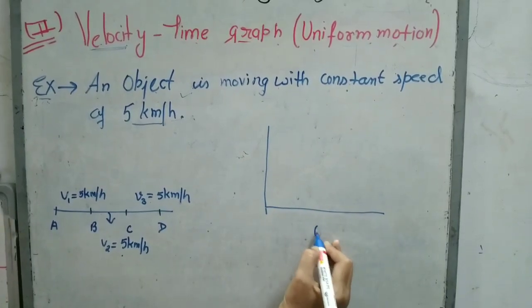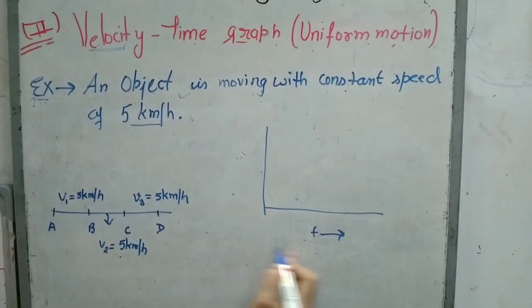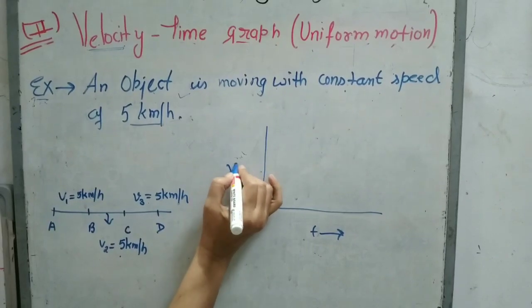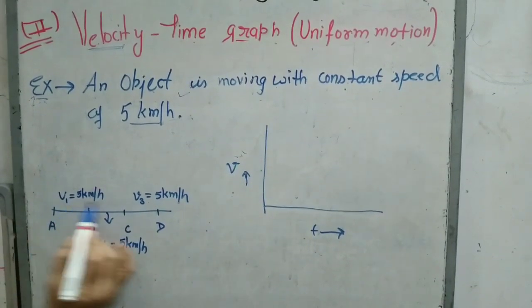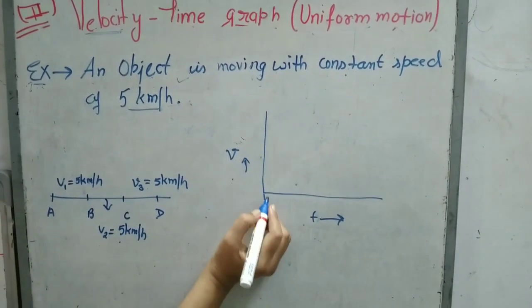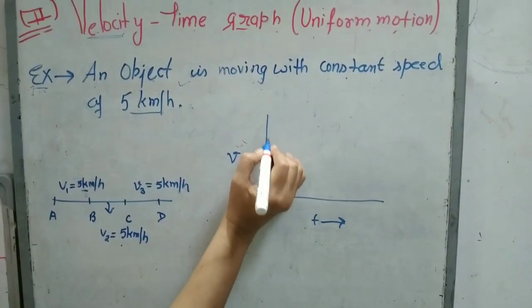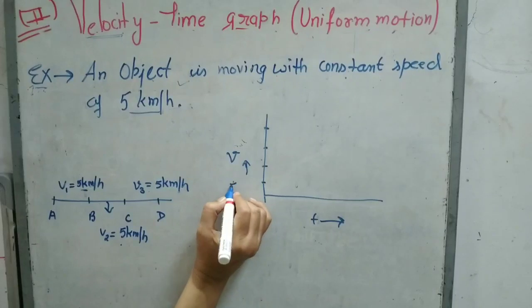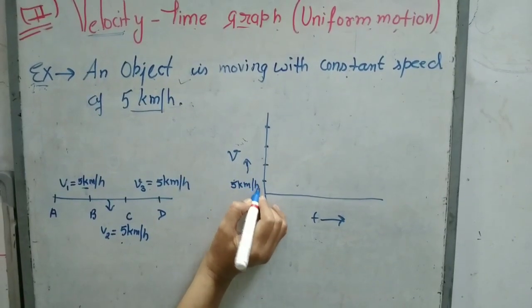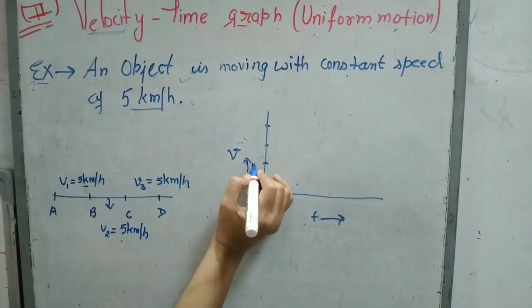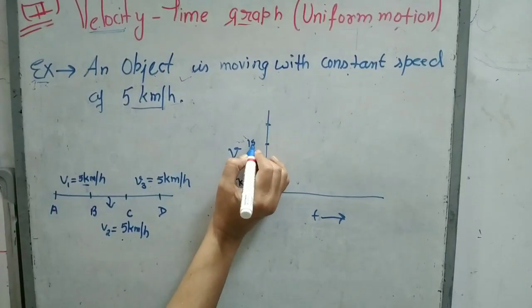Now we will make the graph for that. Time we will place on the horizontal axis, velocity on the vertical axis. Now we can write that velocity is fixed. So suppose we will make the interval. Here suppose the first interval is 5 km per hour. Velocity will be represented in that form only.